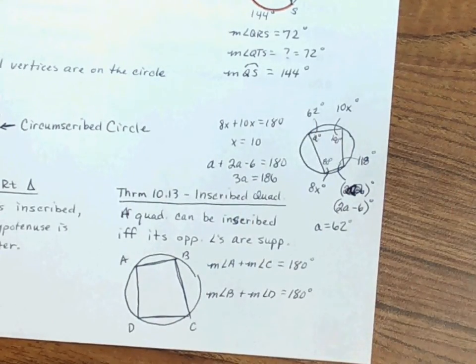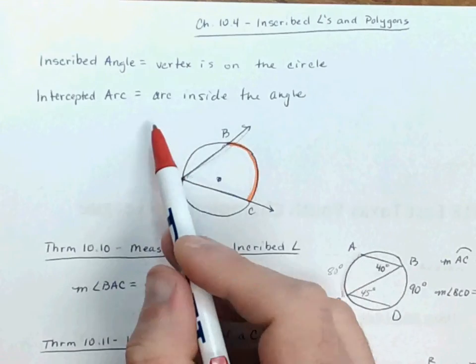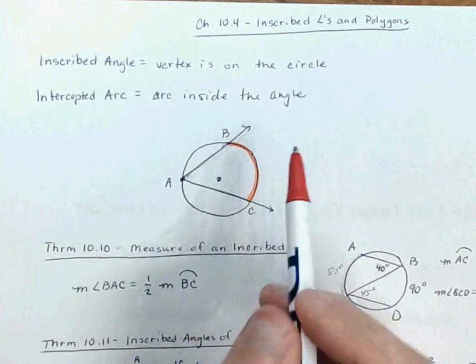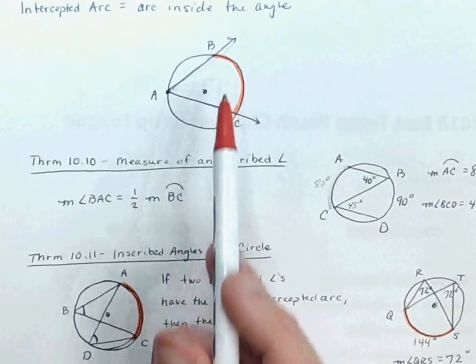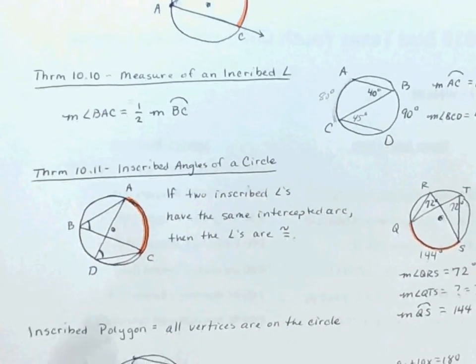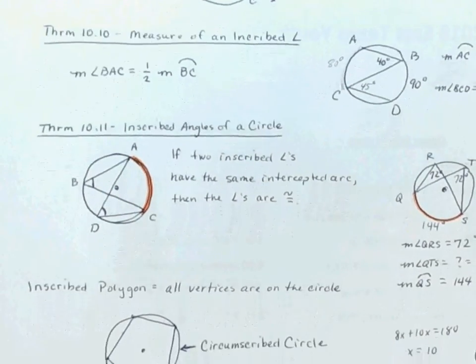Alright? Okay, so inscribed angle, the vertex is on the circle. Okay? It has an intercepted arc, the arc that's inside. We know that the measure of the angle is half of its arc. Okay? If two angles have the same arc, then those two angles have to be congruent to each other. Right?